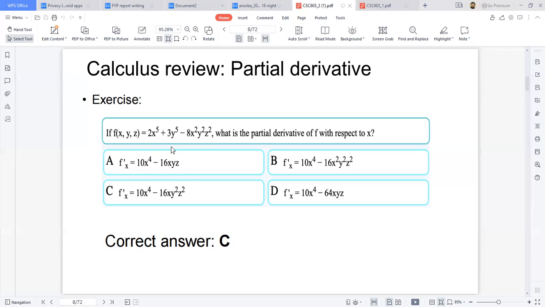Okay, how about z? First part is 0, second part is 0. It will be 16x squared y squared z. Great. So I think now you know partial derivative.